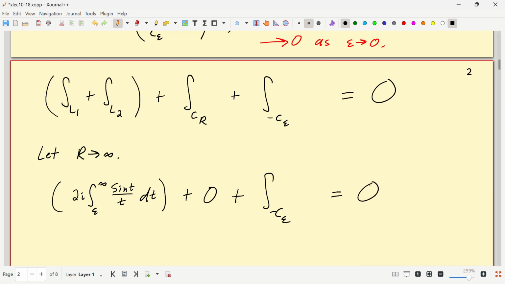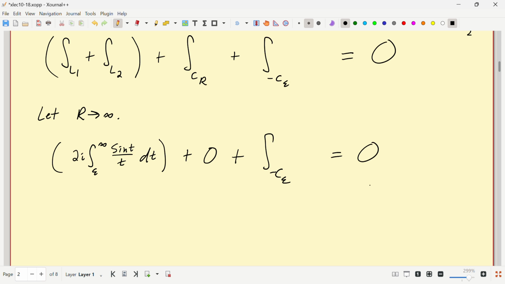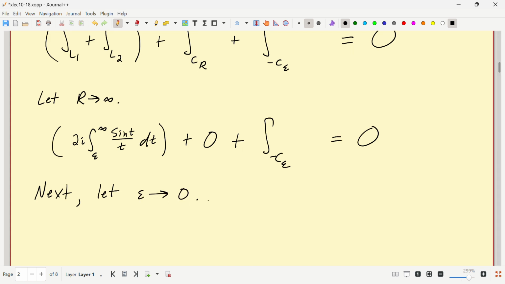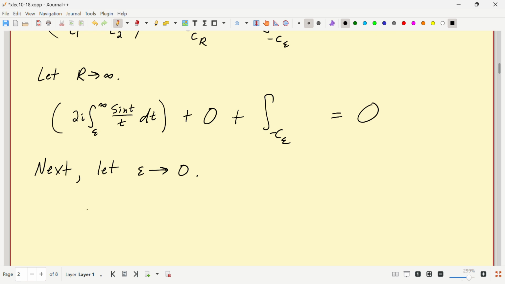And so we would get that. And then next, we let epsilon go to 0. And then when we do that, we'd get 2i integral from 0 to infinity of sine t over t dt plus 0.